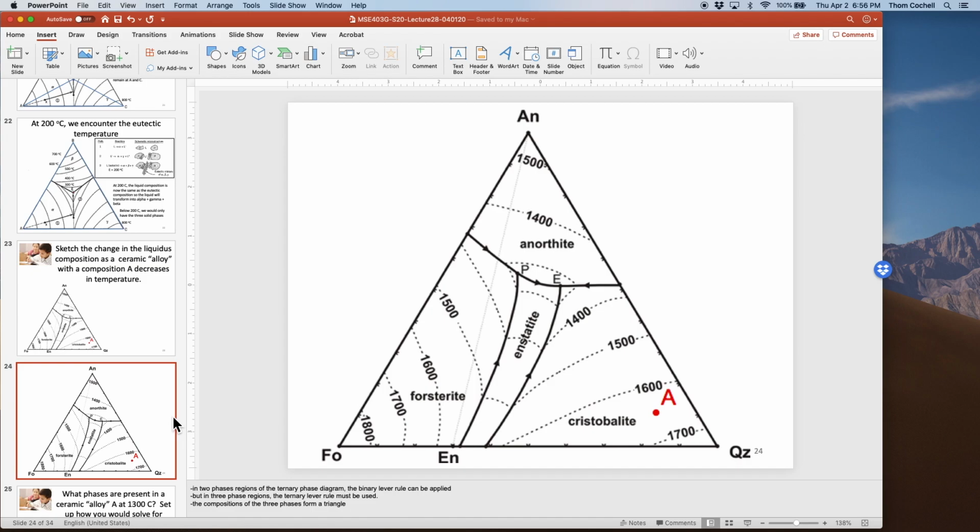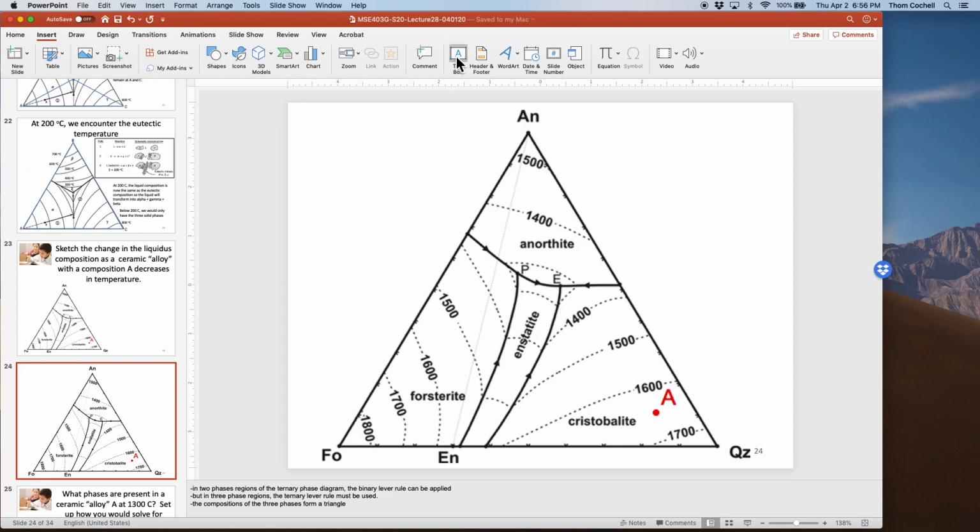All right, so the first thing to keep in mind is the position of the composition here. This composition A is kind of halfway in between 1700 and 1600 degrees. So that tells me that it sits on an isotherm for about 1650.